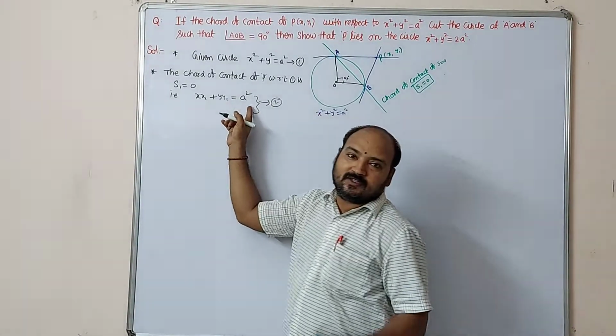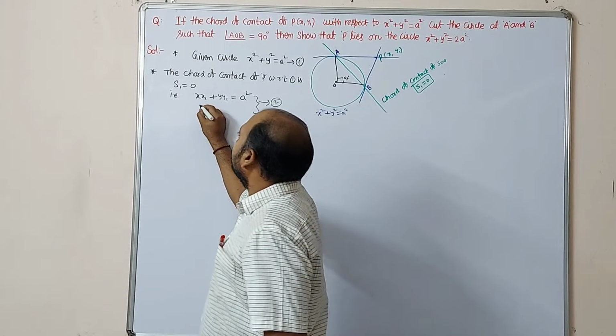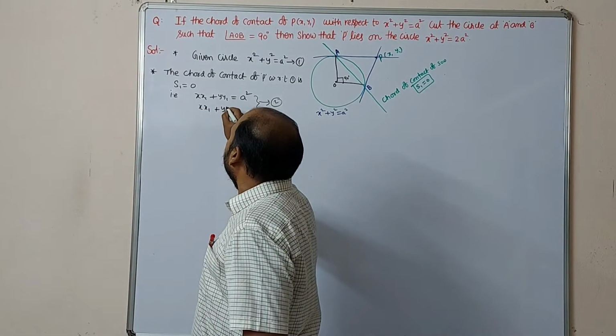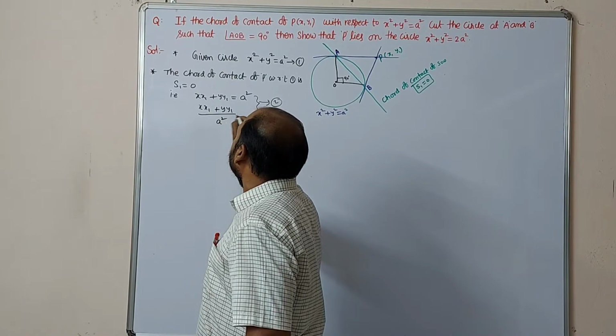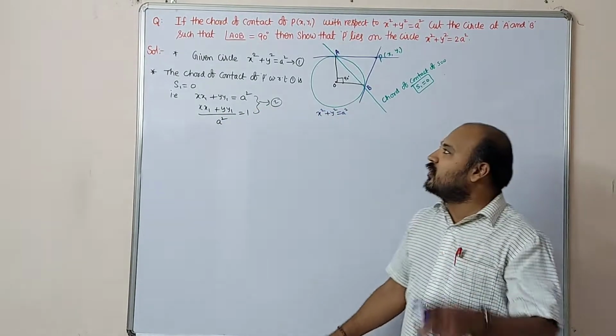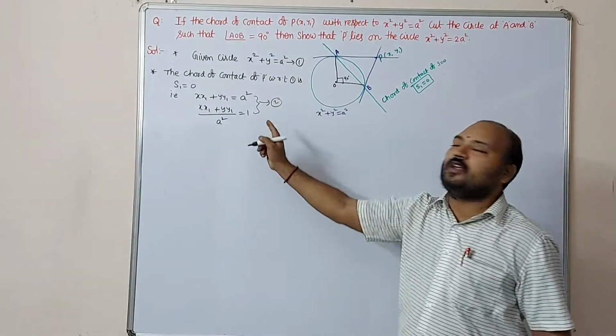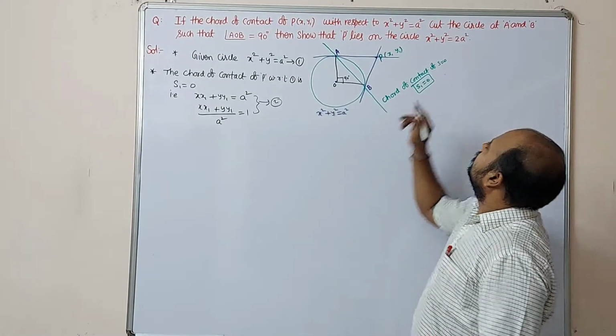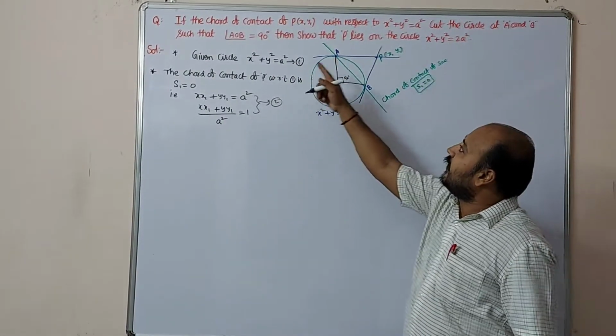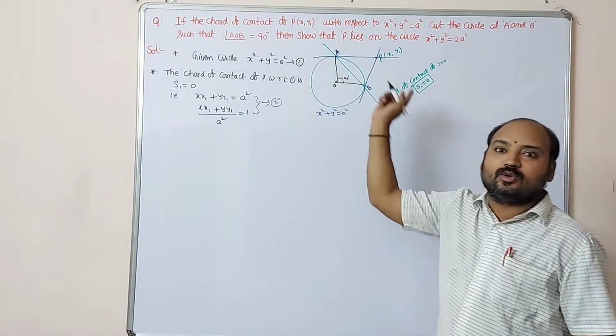To homogenize, you can make this value 1. So xx1 plus yy1 divided by a square is equal to 1. So homogenizing equation 1 with the help of equation 2, since the chord of contact cuts the curve at two different points.